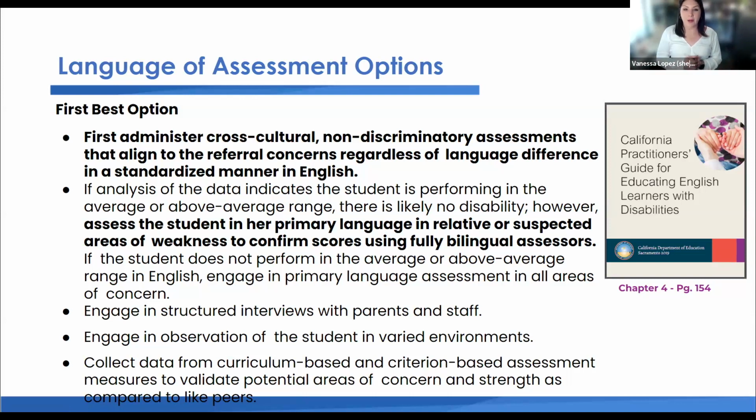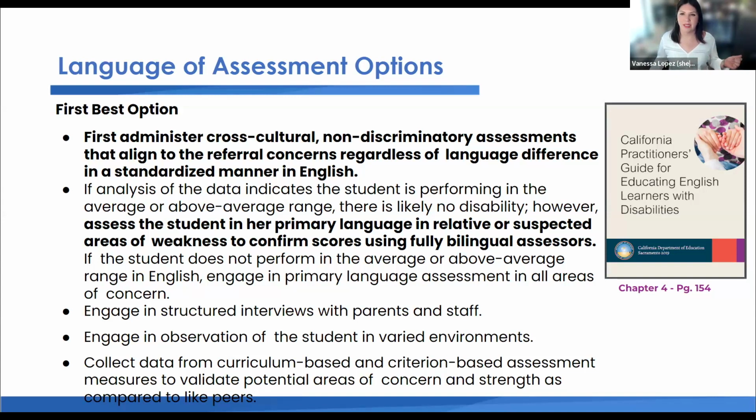We know that if the student has a primary language other than English, we are going to make all effort to assess in the student's primary language. We know that it can't be just reliant on one assessment. We are going to engage in structured interviews with parents and staff, using the appendices that I shared in the earlier slides related to parents and teachers. We are also going to go in and observe in varied environments.